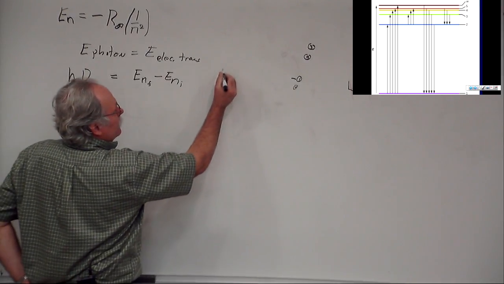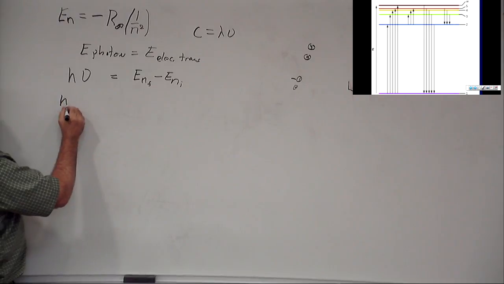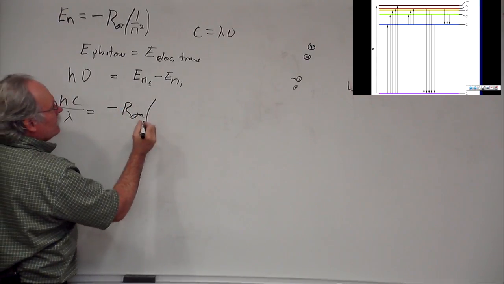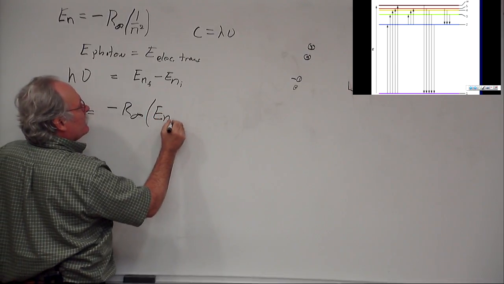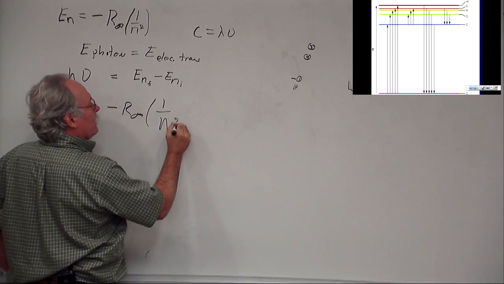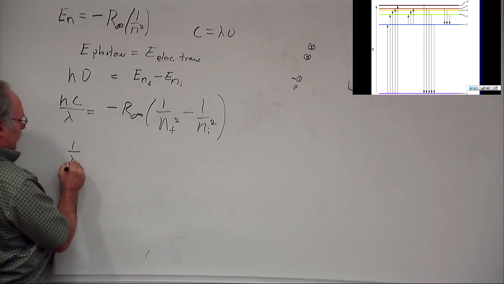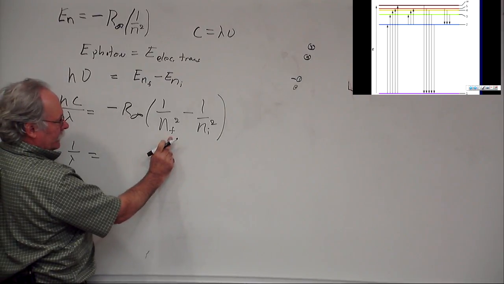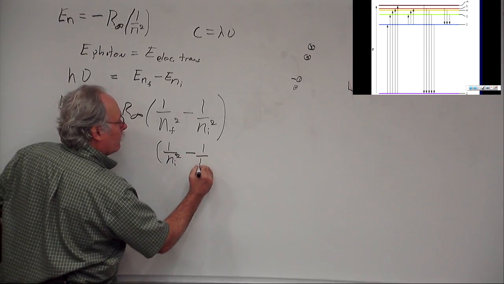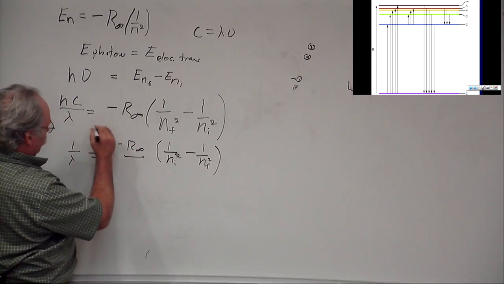Now we also know that c equals lambda nu, so we can now write this in terms of wavelength, and we can say that hc over lambda is equal to minus R infinity times 1 over n sub f squared minus 1 over n sub i squared, okay, which now we can say 1 over lambda is equal to, if I bring this minus sign in here, 1 over n sub i squared minus 1 over n sub f squared, and now I have my minus R infinity over hc.